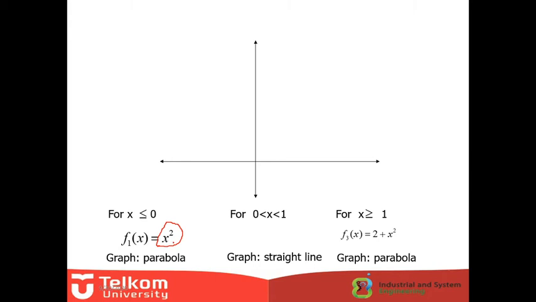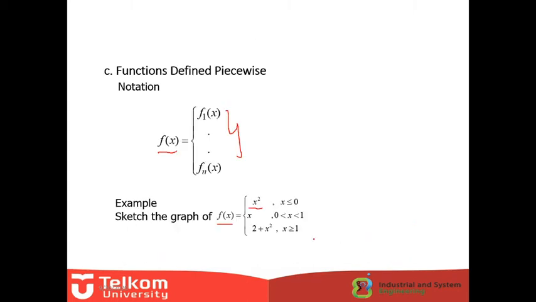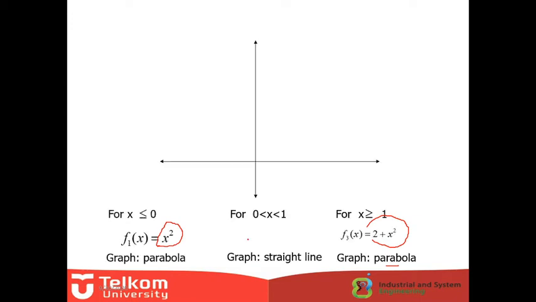What is the meaning? Because this is a quadratic function. Here also a quadratic function, so it makes a parabola, and from 0 until 1 should be a straight line. Why? Because this one has power 1, because f(x) equals x.